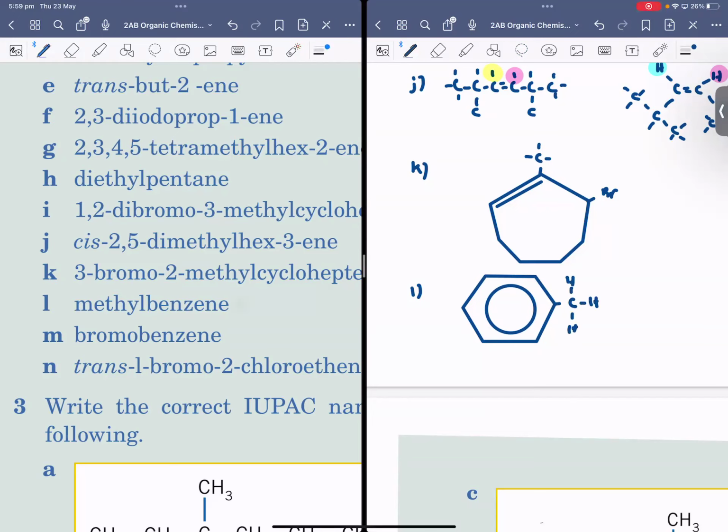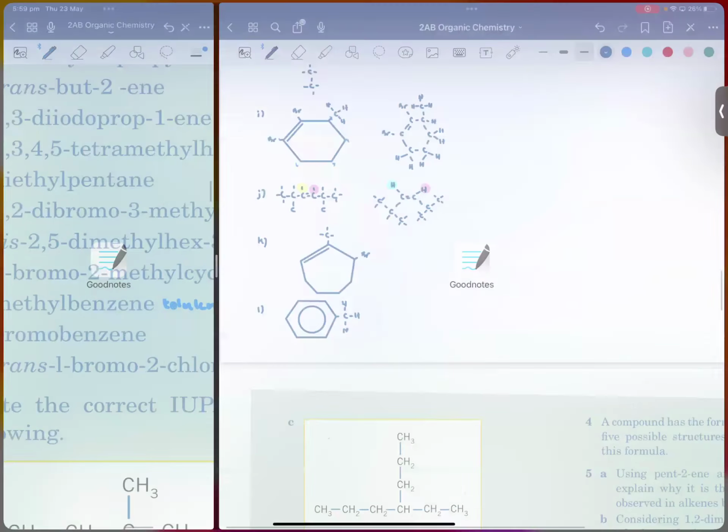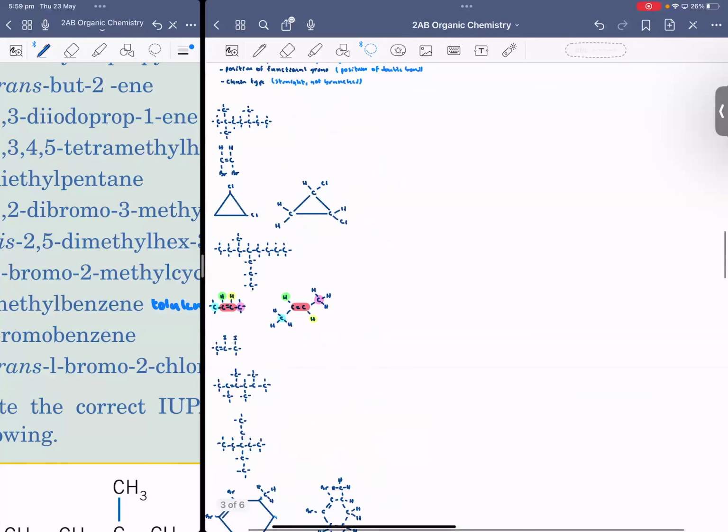All right, toluene. Bromobenzene is the exact same thing, but a bromine coming off it.